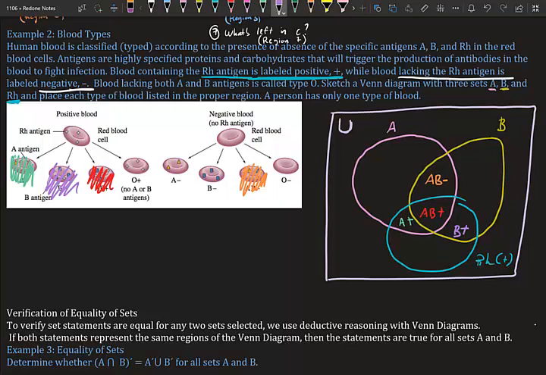All right, last but not least, let's talk about our outside core bubbles: just A, just B, just Rh. If you're just A, you're not inside the Rh bubble, so you're just A positive or A negative. If we're just in the B bubble, you're not in the Rh. We're just talking about this region right here. In that region, it's not part of the plus, so that's B negative.